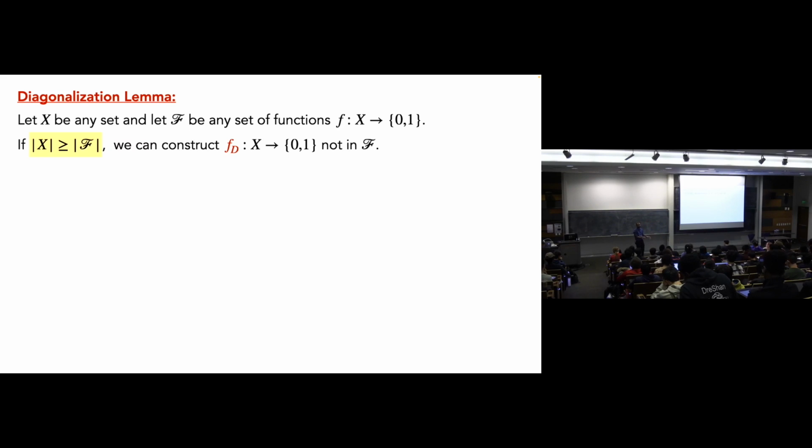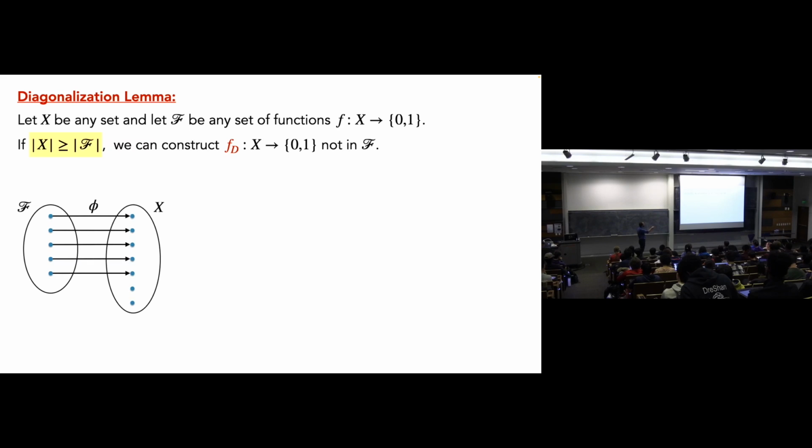The previous example was with a finite number of functions and a finite number of inputs. This idea works for any set X and any curly F. As long as the input size is at least as large as curly F, this works. In general, of course, when X and curly F are infinite sets, I cannot really talk about the number of elements in these sets.